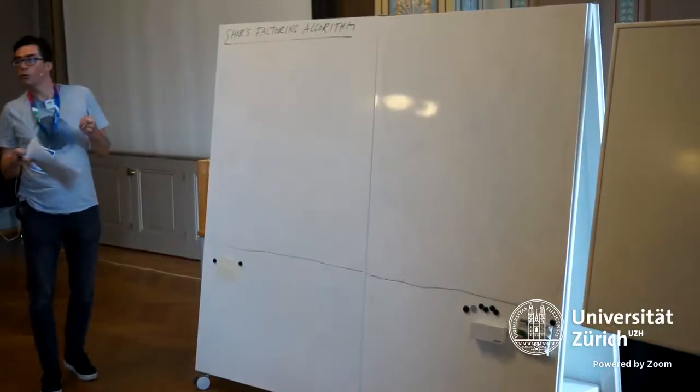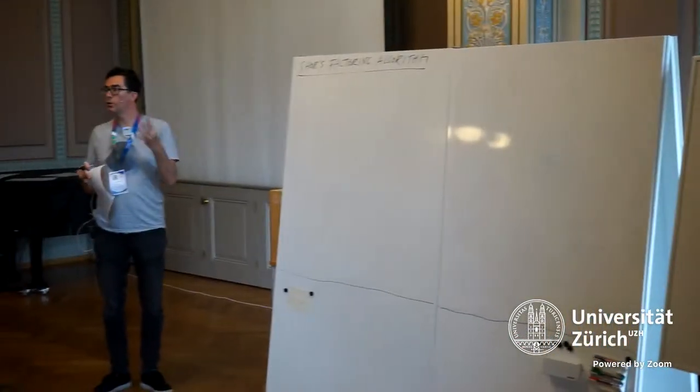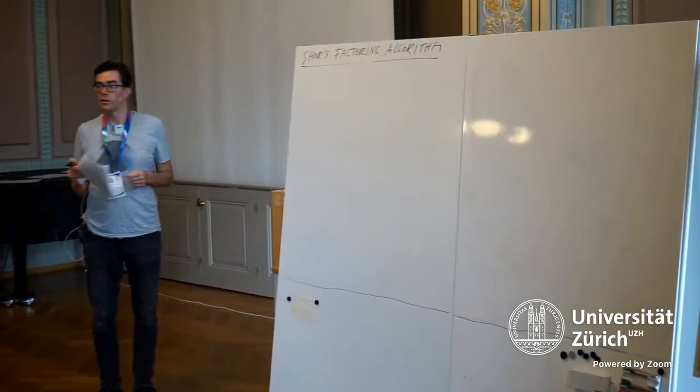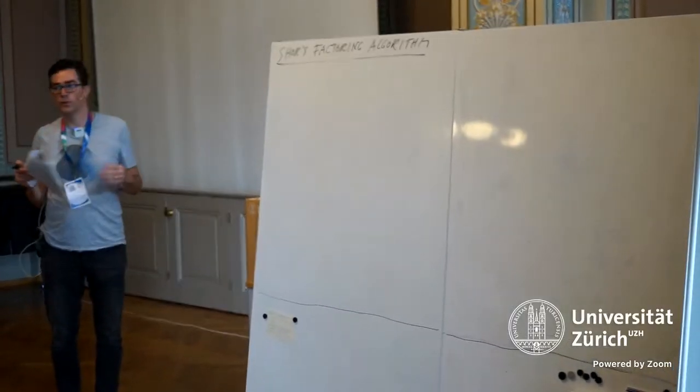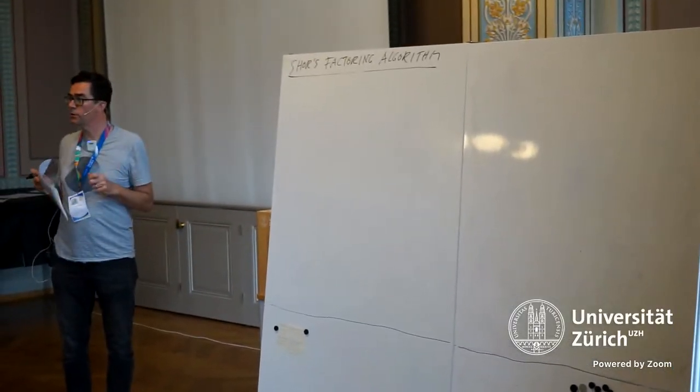So what is the goal of the factoring problem? It's that somebody gives us a large integer, like 15, and asks us to find the prime factors of this number.